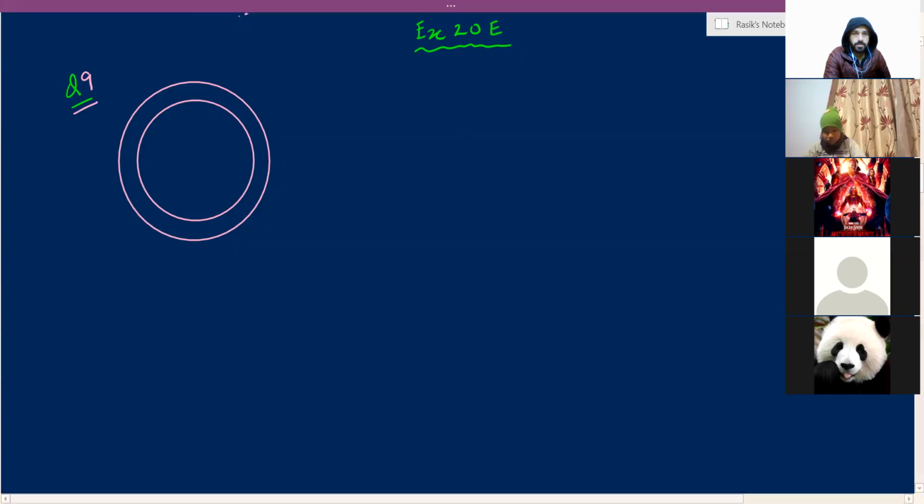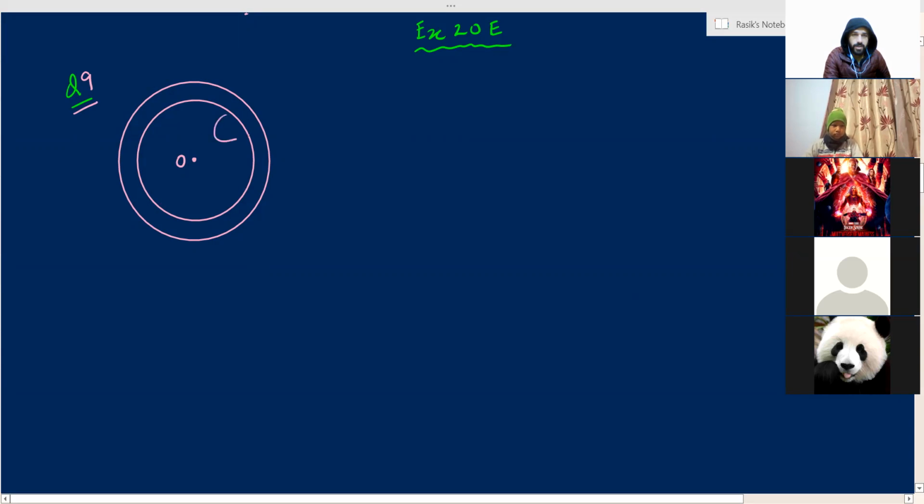In this, the center of both the circles is the same. Let O be the center of both the circles. A racetrack is in the form of a ring, whose inner circumference is 528.